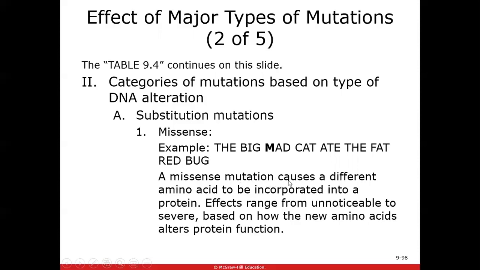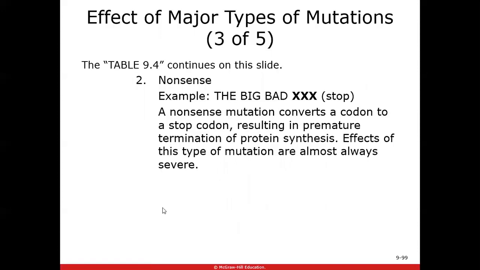So this is a protein, but it's going to have a different amino acid right there. Effects range from unnoticeable to severe based on how the new amino acid alters protein function. But it's just that one amino acid that changes. So that's the missense.